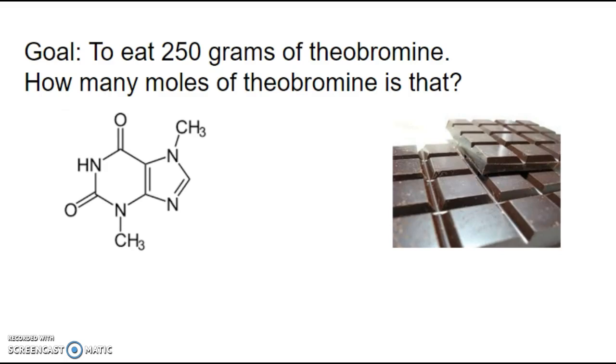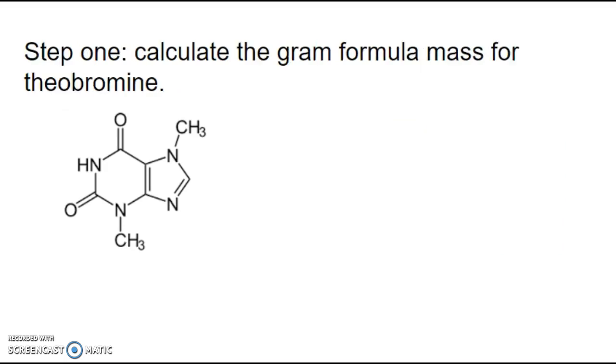So given to us is that we want 250 grams of theobromine. What else we can figure out about the theobromine, since we do know the chemical formula, is we can calculate the gram formula mass for the theobromine.